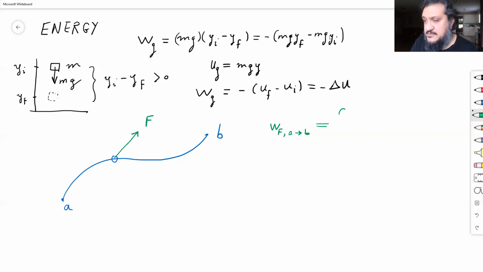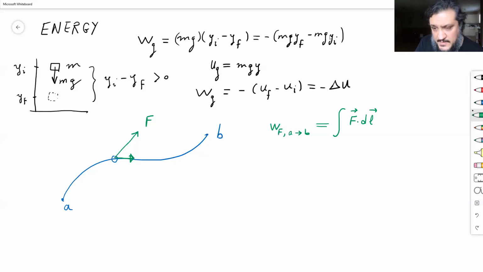You just need to evaluate this integral, which is in the integrand, you have the scalar product of this force with dl. So dl is a vector along the path. It's a differential displacement or infinitesimal displacement along the path.